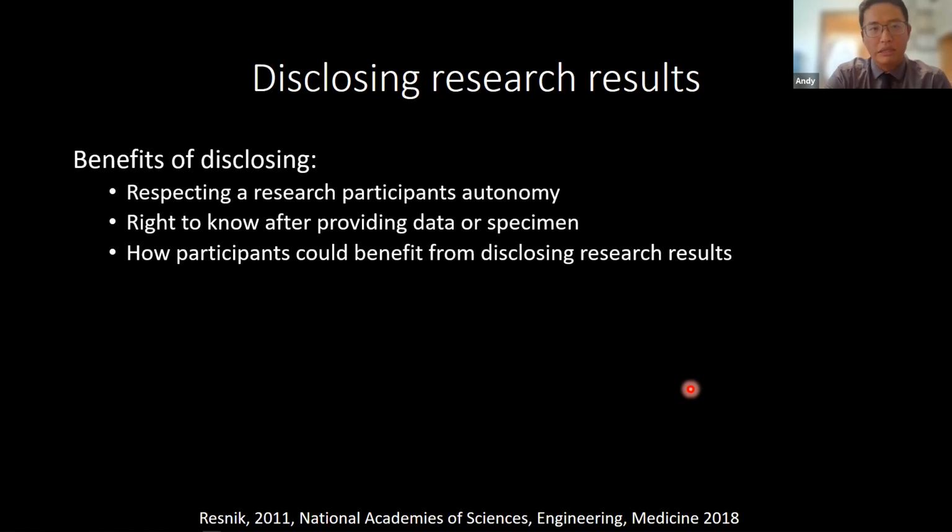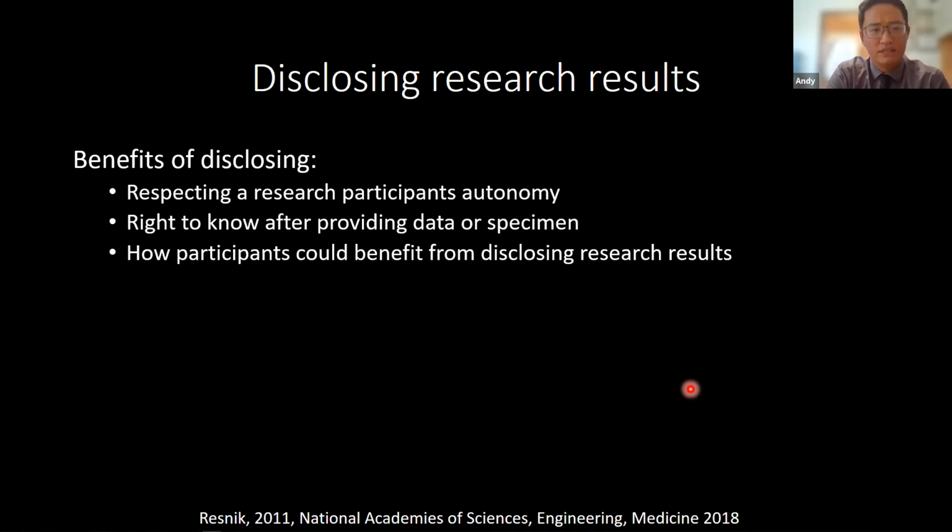But there's also in the clinic a push for more and more disclosure of clinic notes, of labs, imaging, all of that. And that spills over into the research realm as well, where patients' expectations are that they want to know what their results are.